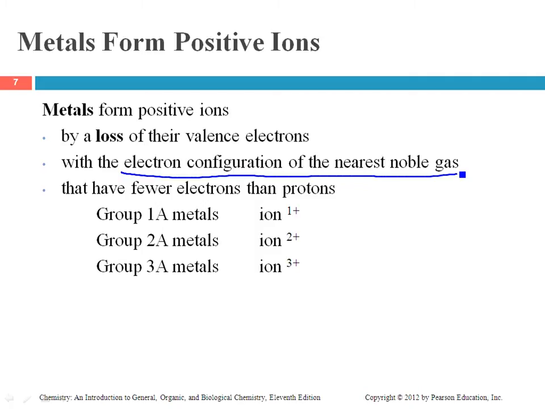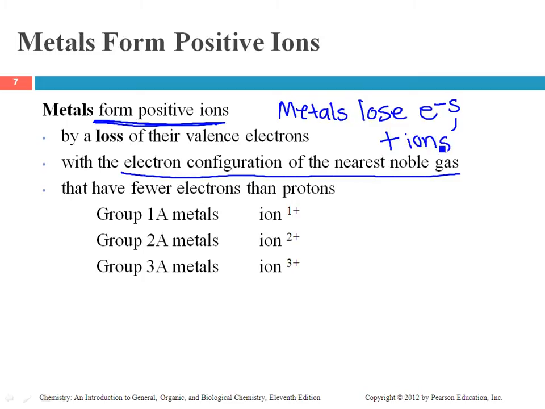Electrons are negatively charged, so if we lose negative charge, we're going to form positive ions. So metals lose electrons, they lose negative charge, and so they are going to form positive ions, or have a positive ionic charge.